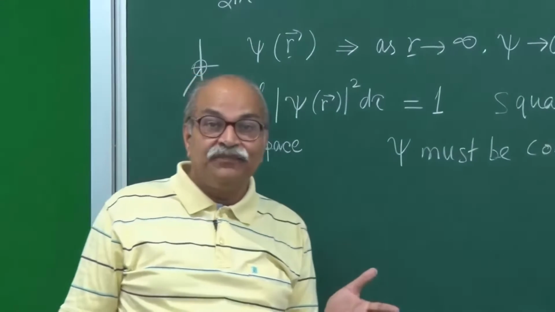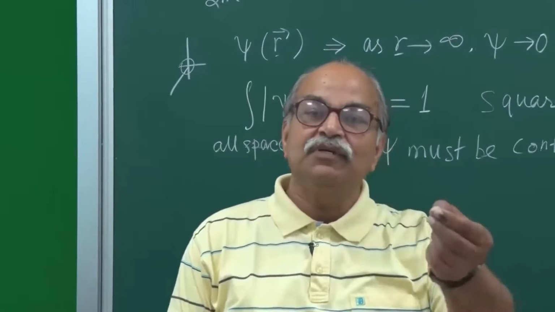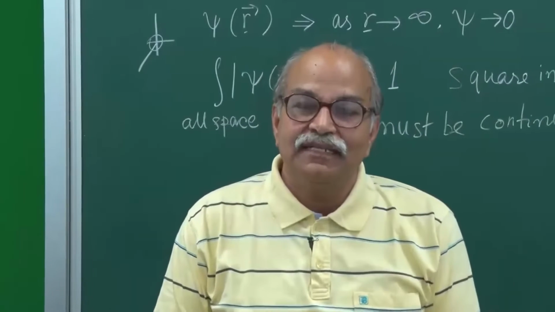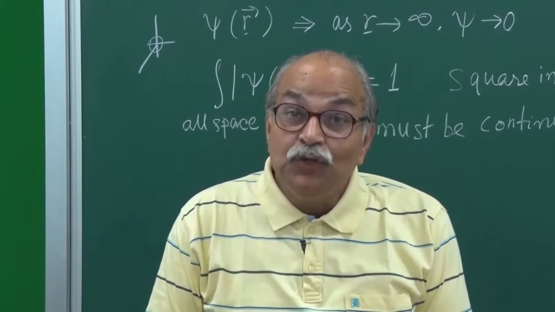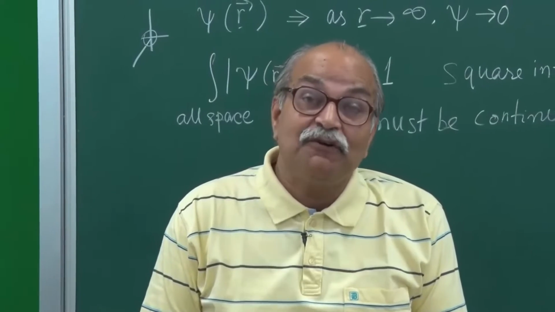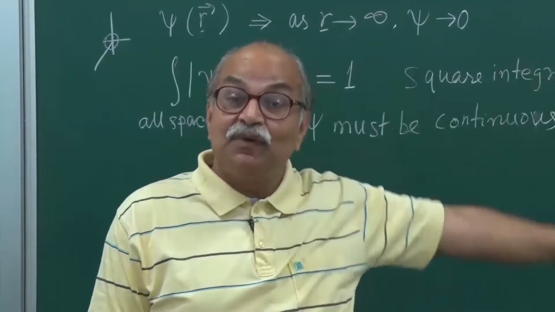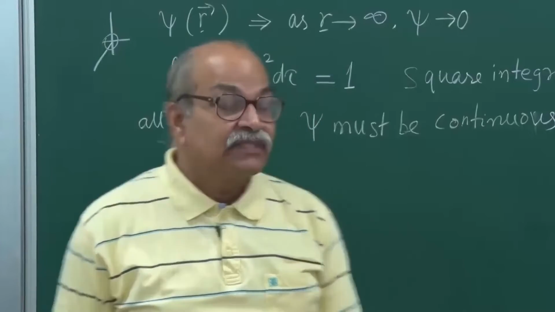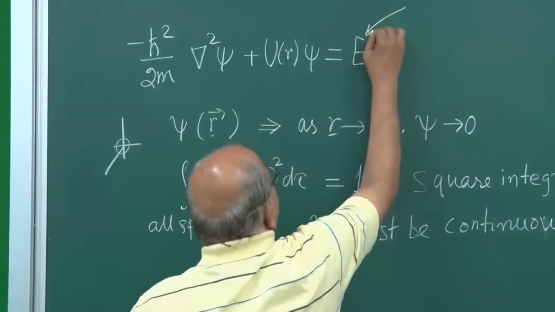And it turns out that if you put any arbitrary value of this energy capital E, in general you may not get any functional form psi which satisfies the equation with these boundary conditions. Your equation is here. Suppose it is the hydrogen atom.